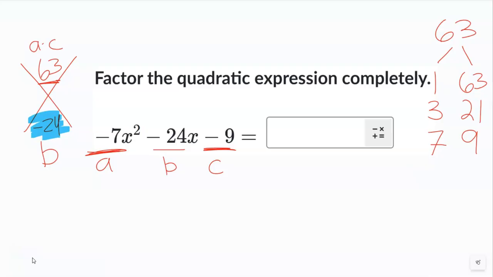I can get 62 to 64, but that's about it. 21 and 3, that's a little more interesting. Make them both negative. Negative 3 and negative 21. What does that add to? That adds to negative 24. So those are our numbers.